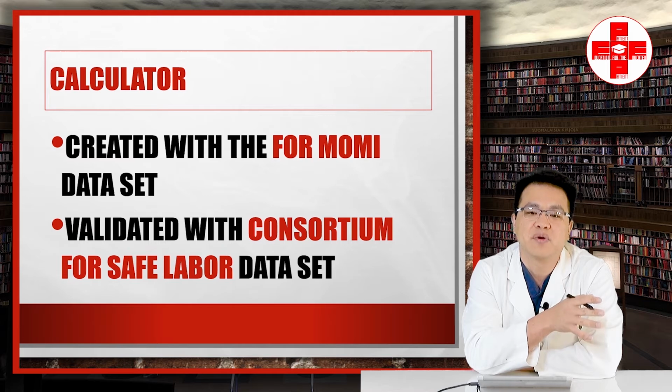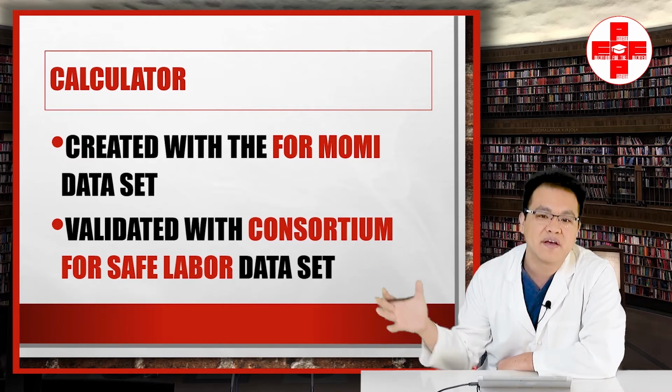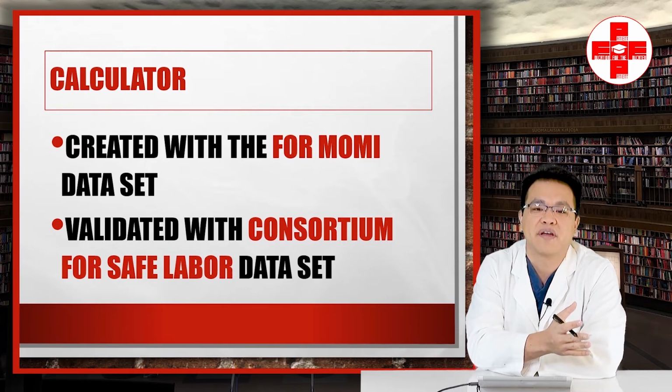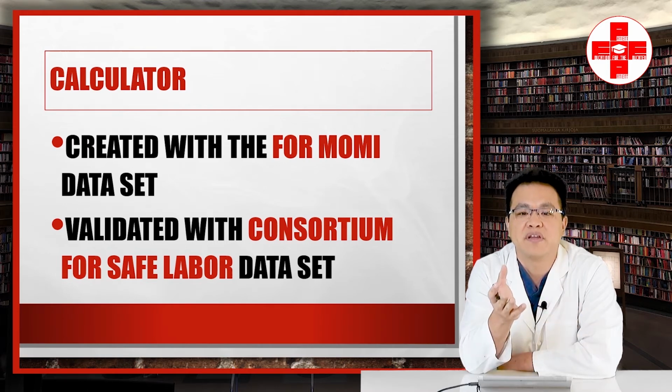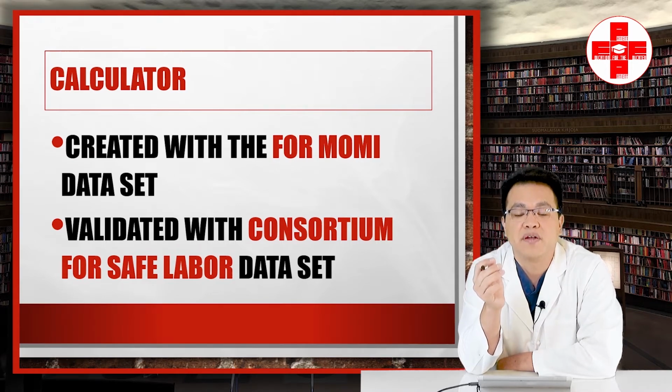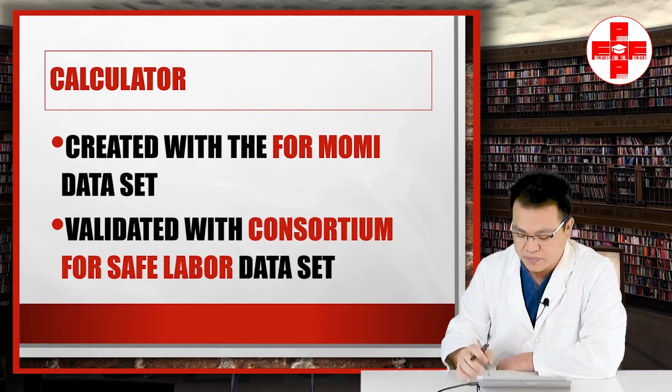This 4Mommy trial was done at UPenn and they used it to create this calculator. Then they ran another set of data through the calculator from the Consortium for Safe Labor. That's a publicly available data set. And they actually had a very, very high correlation in terms of predicting who was going to wind up with a C-section if they were induced.